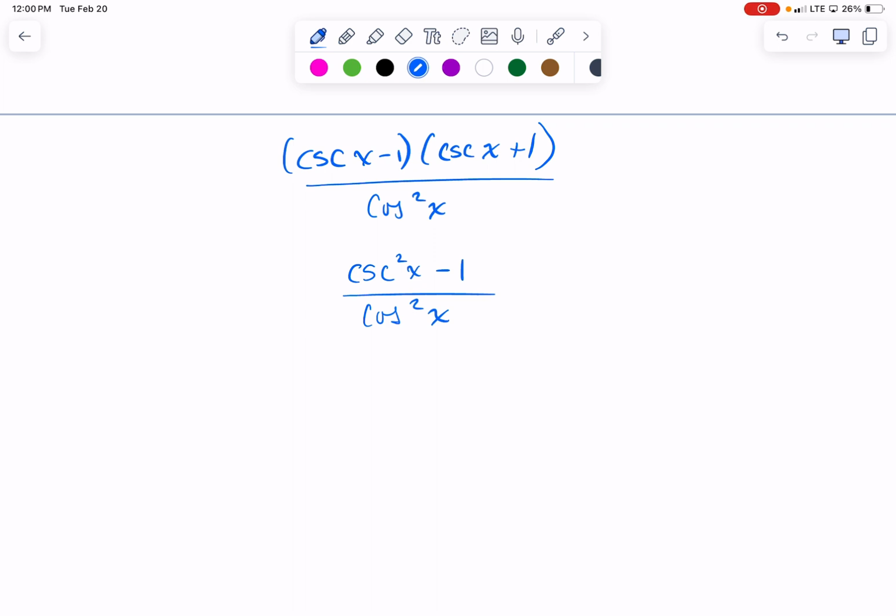So what is cosecant squared minus 1 equal to? 1 over sine, right? Well, no, it's probably an identity. Exactly. It's equal to cotangent squared. Okay.